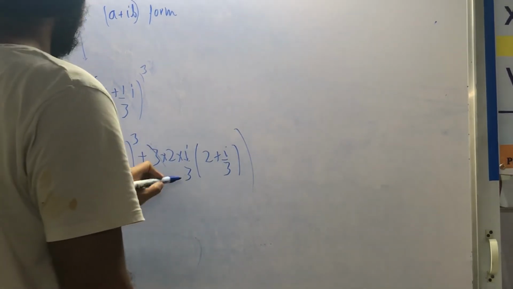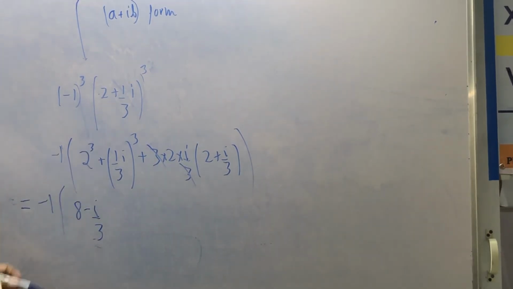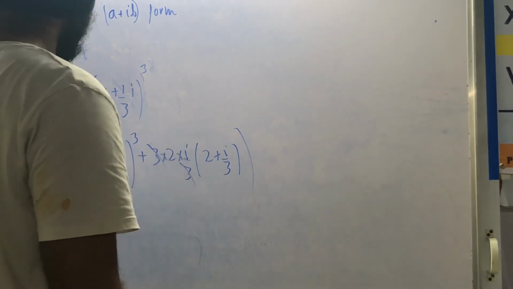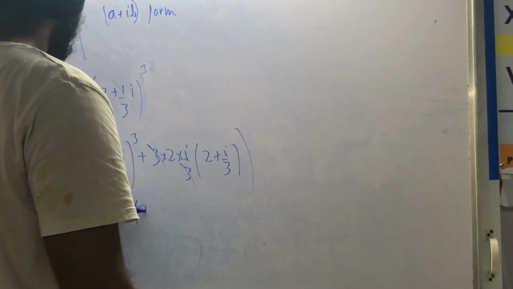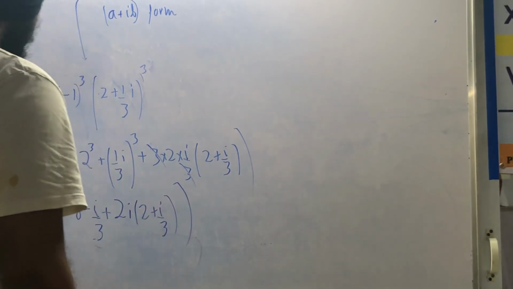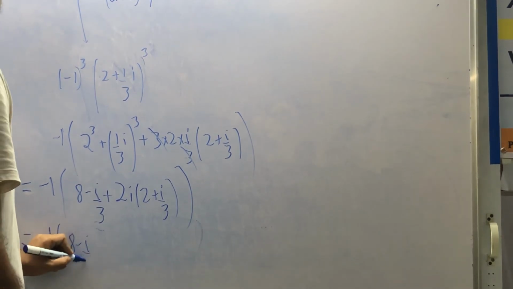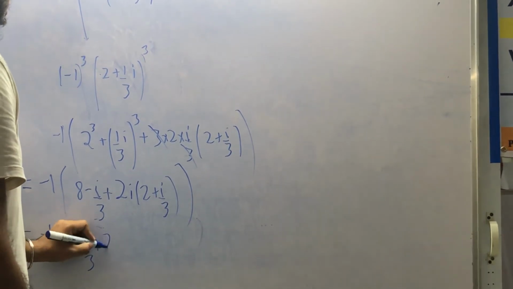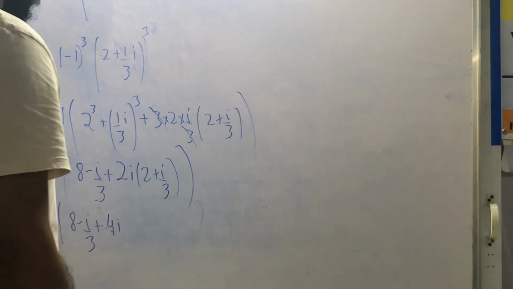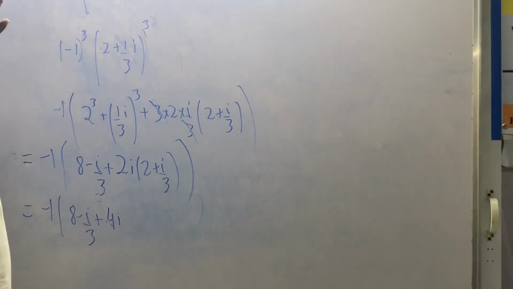Okay, so 3 here cancel because 3 into 2 into iota by 3. So 3 cancel plus. So just this 2 iota multiply by 2 plus iota upon 3. So minus 1 into plus 4 iota. 2 iota into iota by 3 is how much?